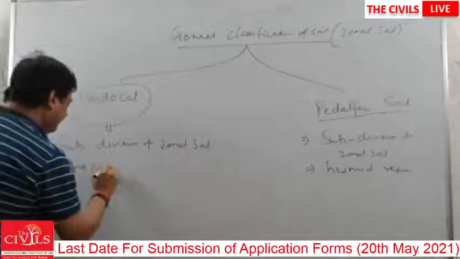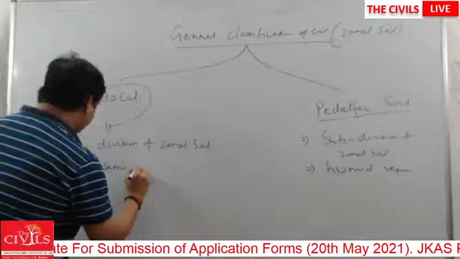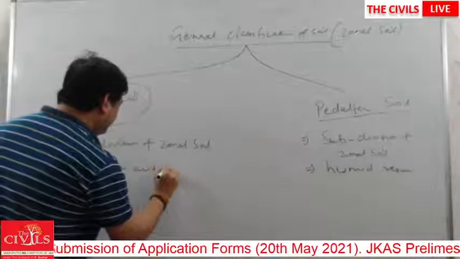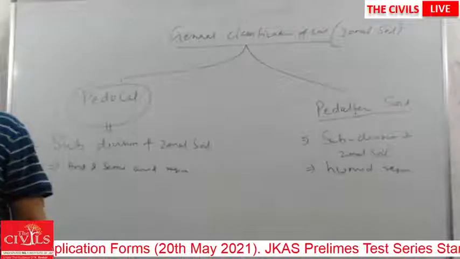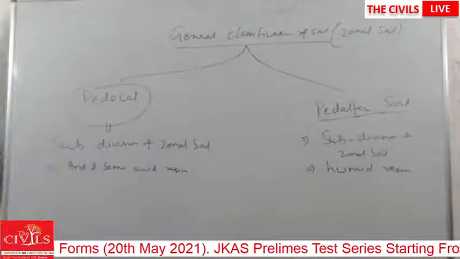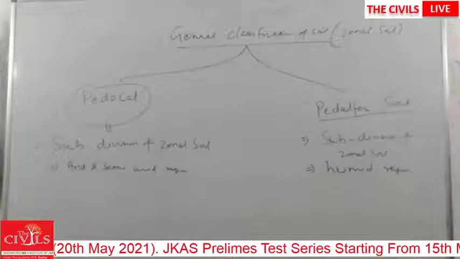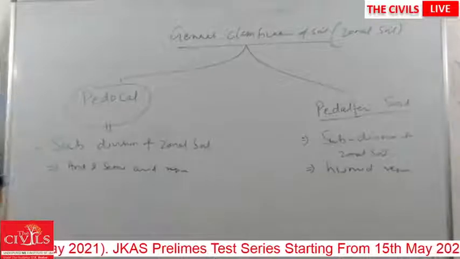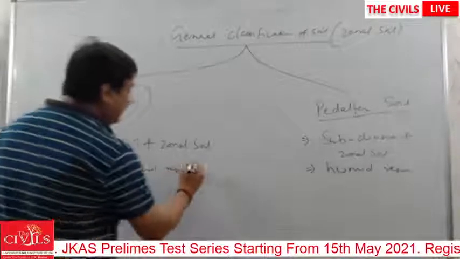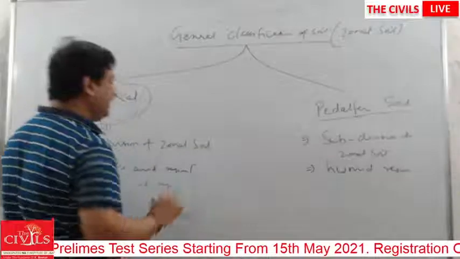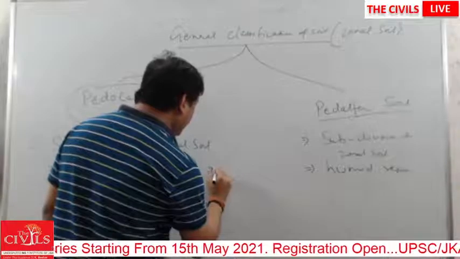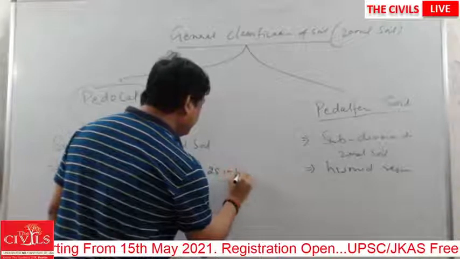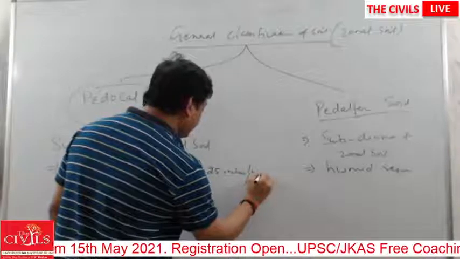Arid and semi-arid region, or desertic region. This soil is found in those areas which receive rainfall less than 25 inches per year.